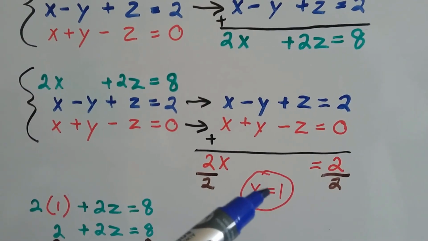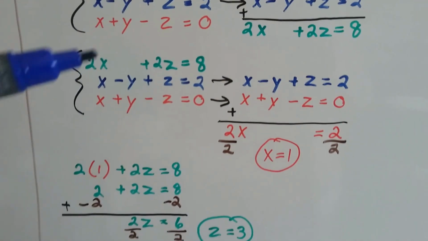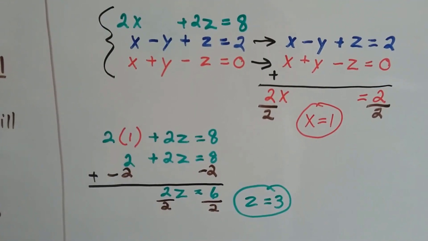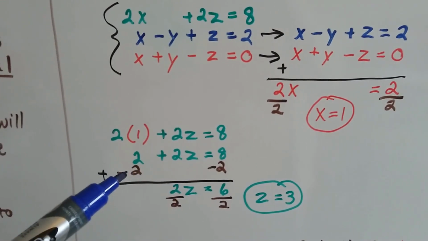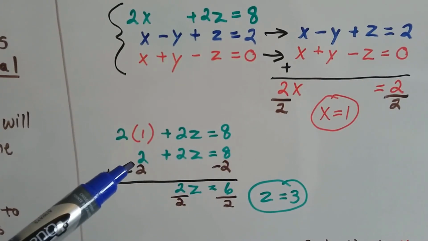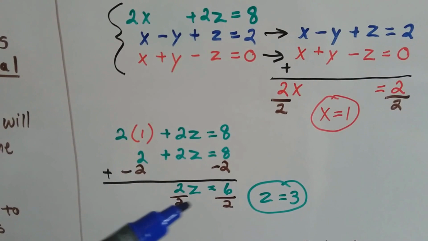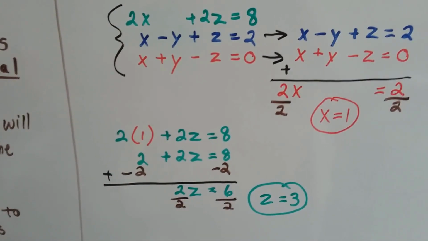Now I can plug x as 1 into one of the equations. So I plug it into the green one. So that means I have 2 times 1 plus 2z equals 8. Well, that means I have 2 plus 2z equals 8. Take away the 2 from each side, or look at it as adding a negative to each side, and I get 2z equals 6. When I divide each side by this coefficient 2 by the z, I get z is equal to 3.